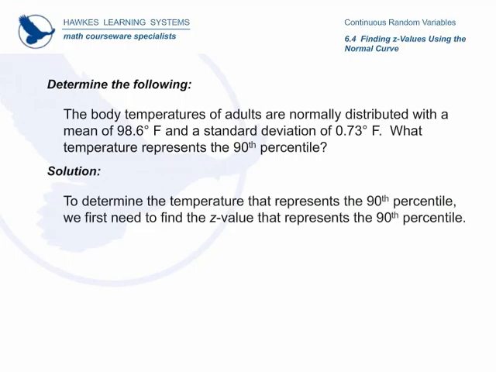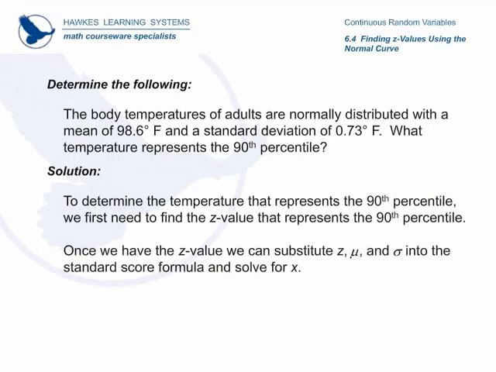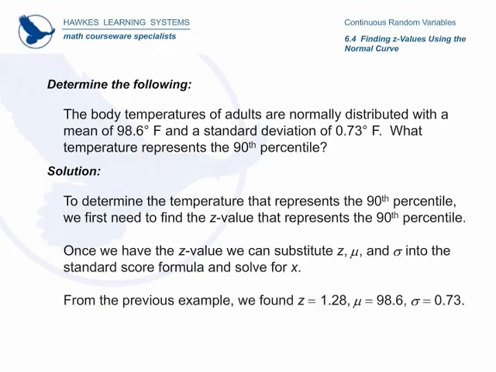For our solution, to determine the temperature that represents the 90th percentile, we first need to find the z-value that represents the 90th percentile. Once we have the z-value, we can substitute z, our mean, and standard deviation into the standard score formula and solve for x.